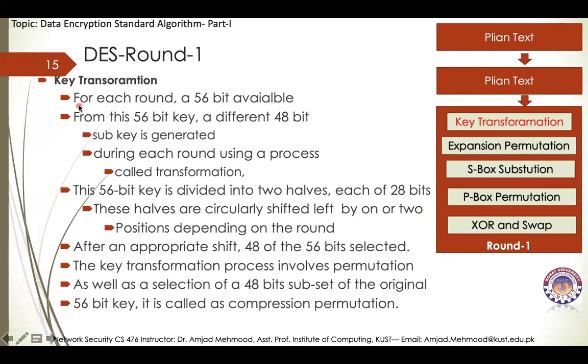For each round, from this 56-bit key, different 48-bit sub keys are generated, as I showed in my previous diagram, during each round using a process called transformation. So that's why this is called key transformation.